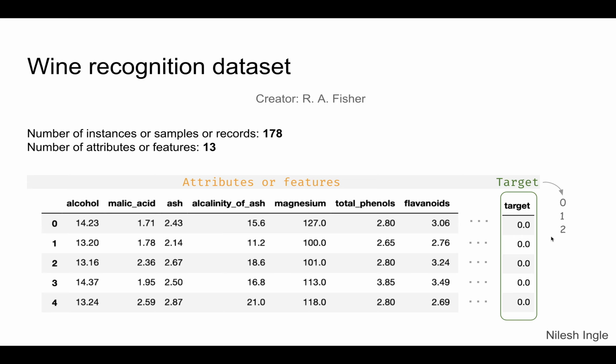And here we have three different classes, 0, 1, and 2. Again, these are floats because I converted them to a data frame. There would be integers here, and so 0 would represent one class of wine, then 1 and 2 would represent the other two classes of wine that are described by these features. So this again would be a classification dataset.